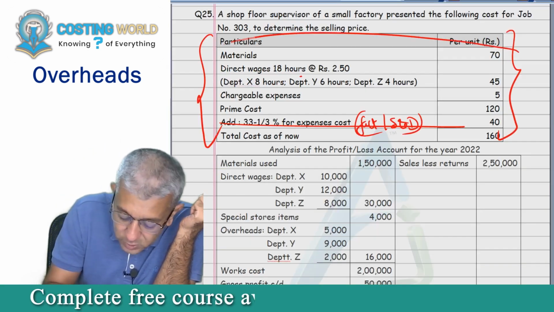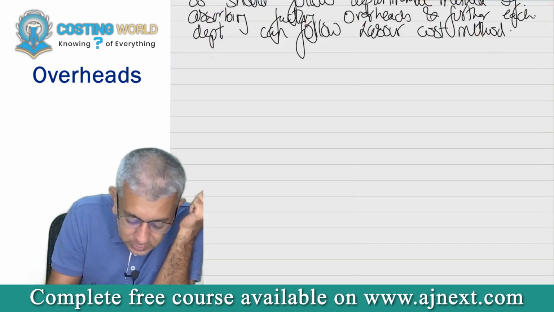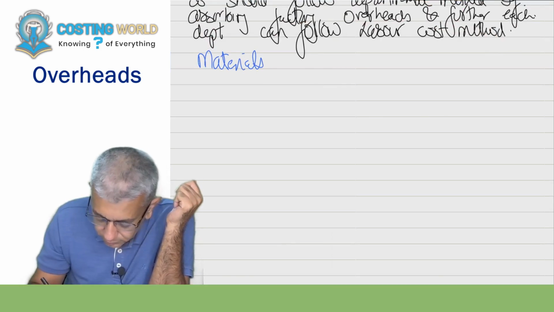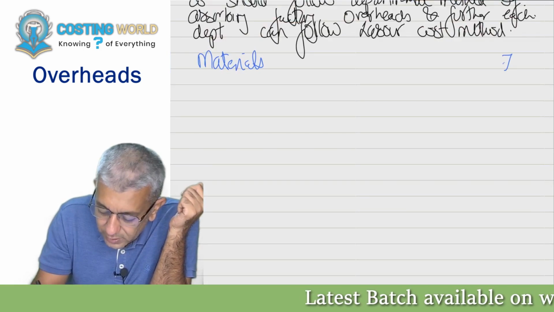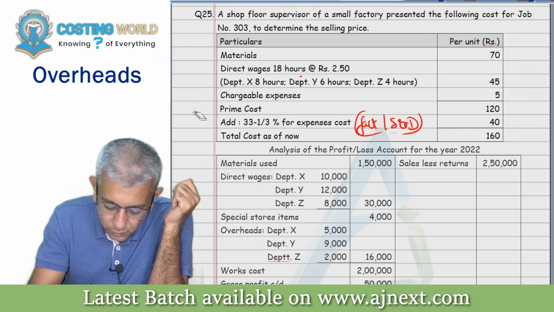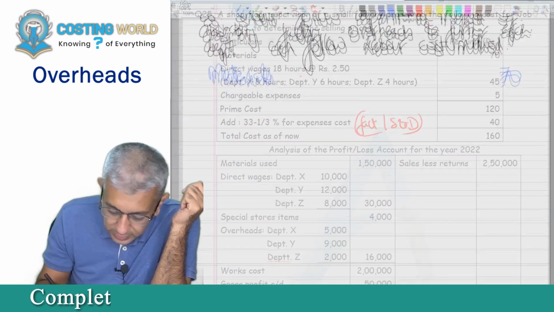So I'm copying down this particular cost sheet now. Write down materials, $70, direct wages.